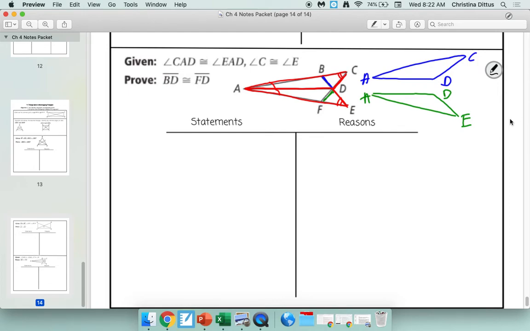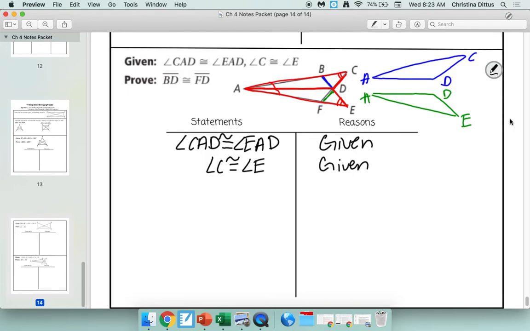As always, start with your given. Angle CAD is congruent to angle EAD. It is given. And angle C is congruent to angle E. That is given.